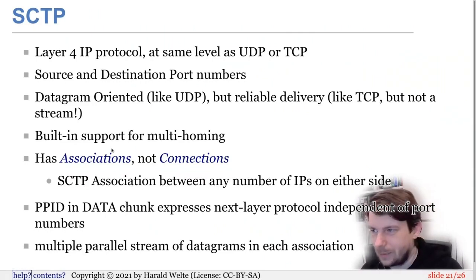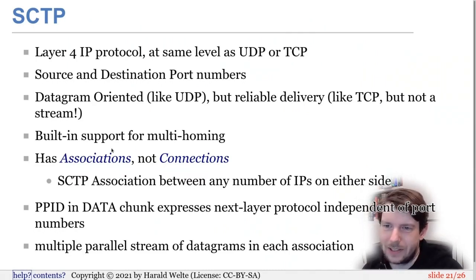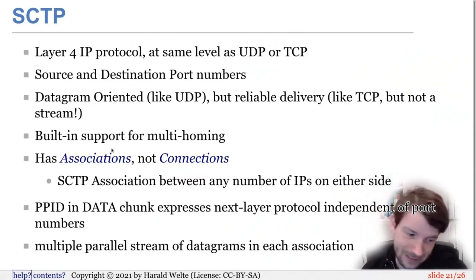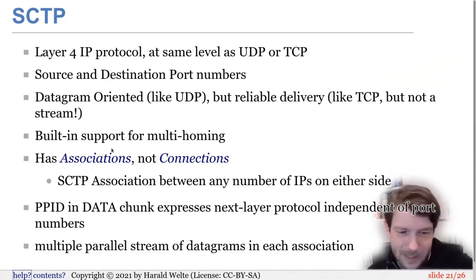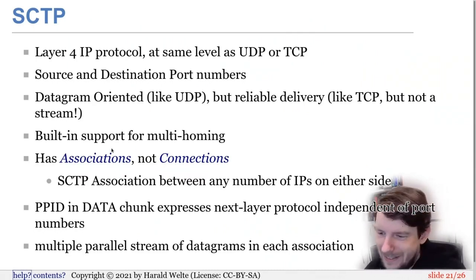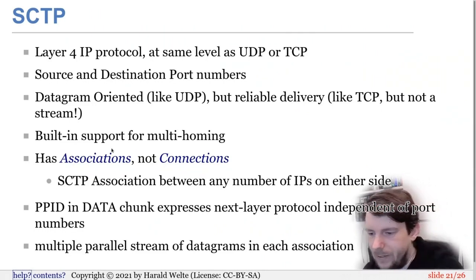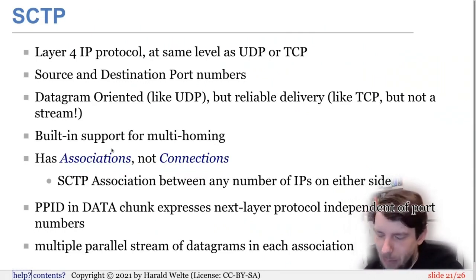So you can use any port number and still know, based on the PPID, what the next level protocol actually is. I find that a very smart decision, and it helps tools like Wireshark. They just look at the PPID and can decode it no matter what non-standard port number anyone might have configured. It's extremely convenient.